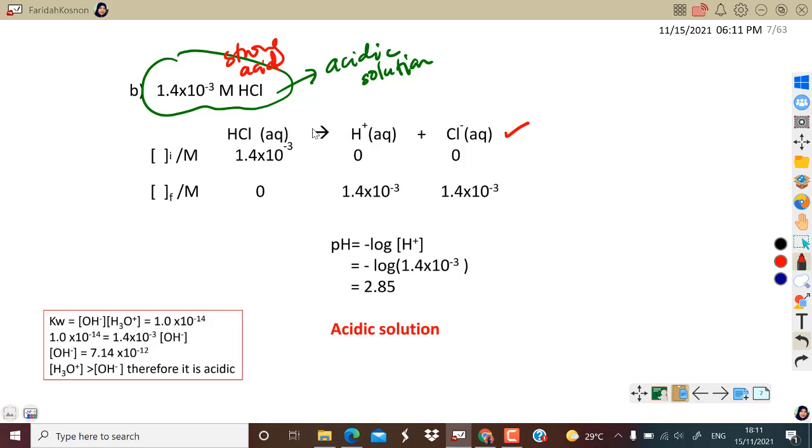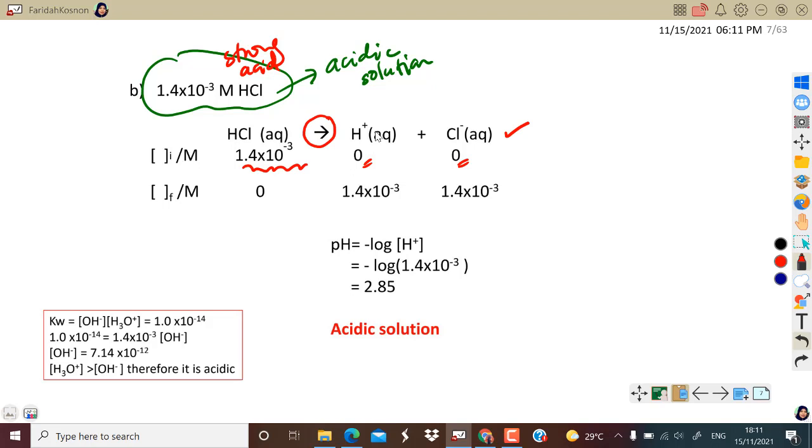Okay. So, it dissociates completely. Jadi, arrow ni adalah irreversible. And it is converted to H plus and Cl minus. Okay. Initially, we have 1.4 times 10 to the power of negative 3 HCl. Tapi sebelum itu, ion-ion ini belum terhasil. So, that's why kita letak 0 kat sini. Bukannya dash, zero.